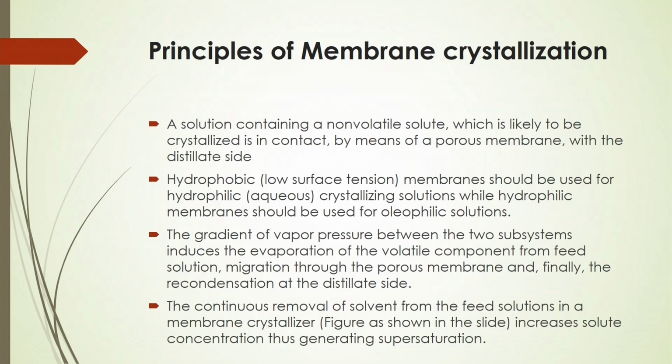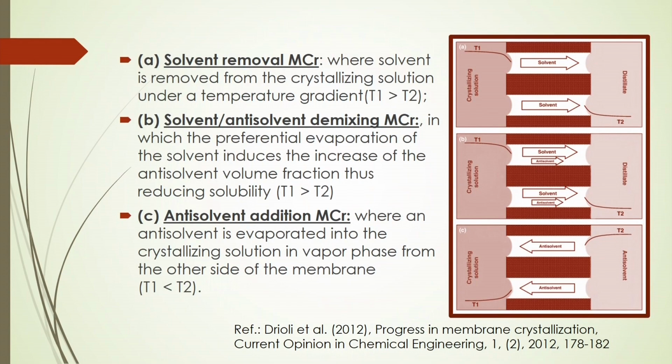And in this case you will see the gradient of the vapor pressure between the two subsystems induces the evaporation of the volatile components from the feed solution, and also migration through the porous membrane, and finally the recondensation on the distillate side. And also there is continuous removal of solvent from the feed solution in a membrane crystallizer, and increased solute concentration, thus generating supersaturation as shown in the figure in the slides.